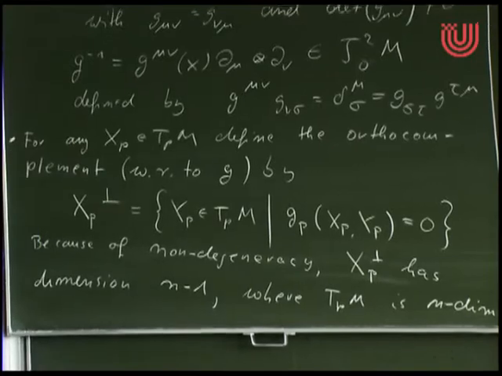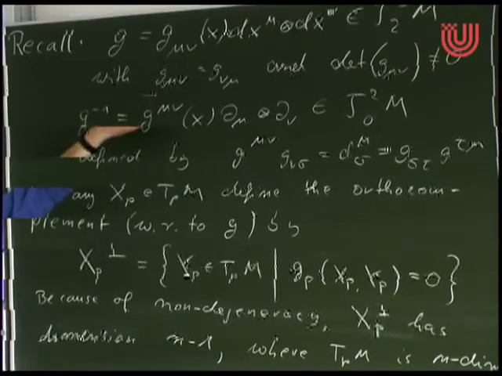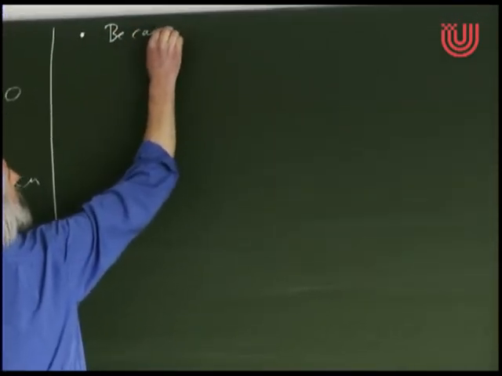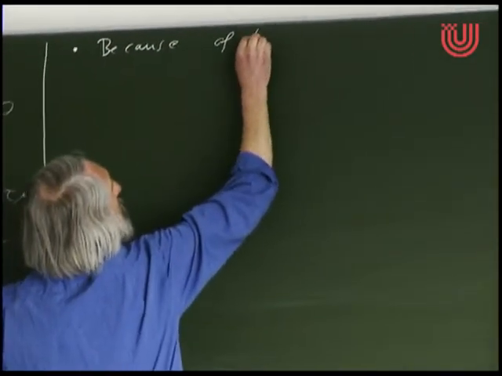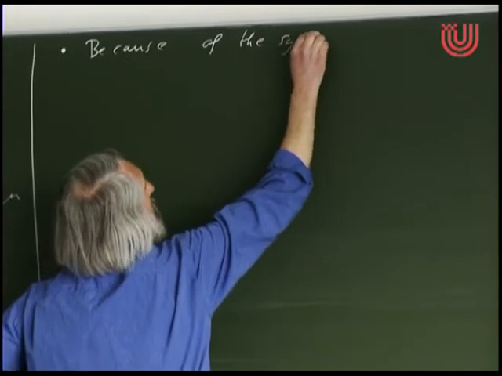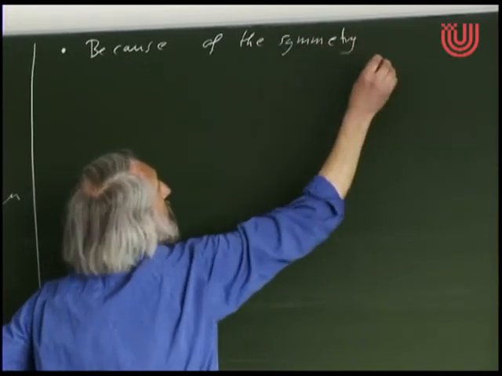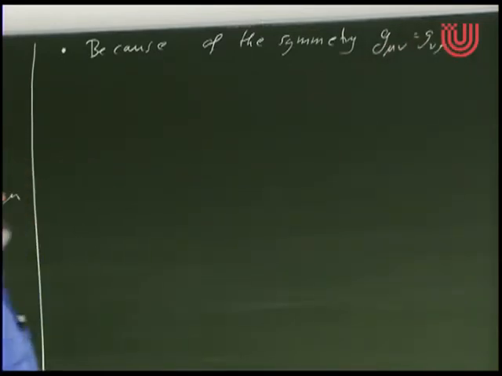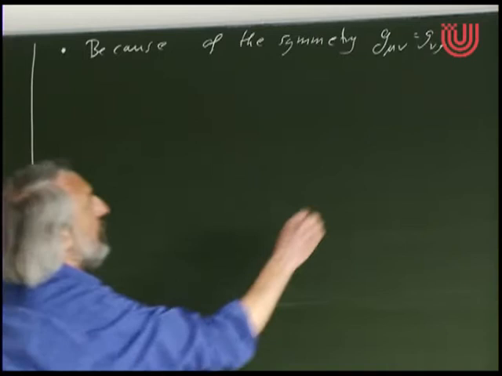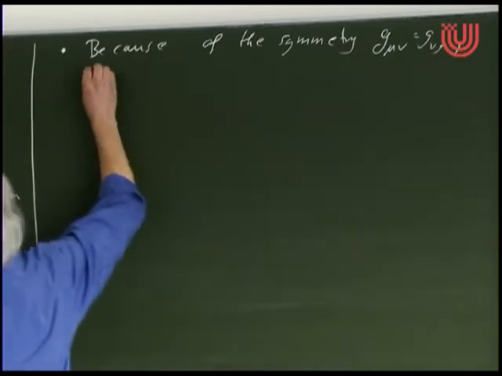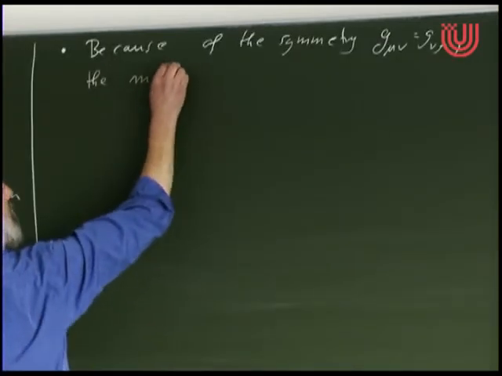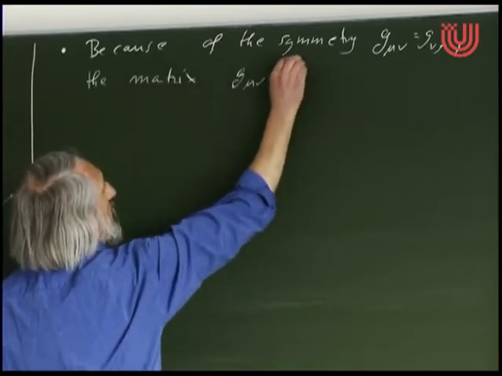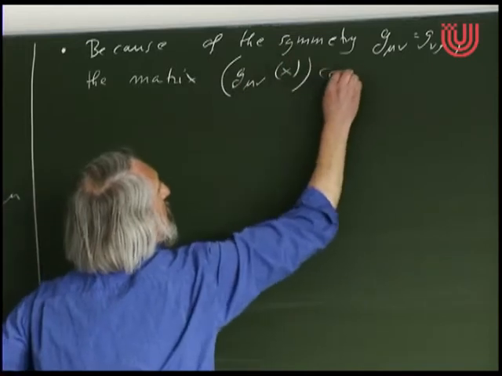So this means I can always diagonalize this matrix g_μν. Let me write this down first. Because of symmetry, and by symmetry I mean this here, g_μν is the same as g_νμ, the matrix g_μν, which depends on x, can be diagonalized.